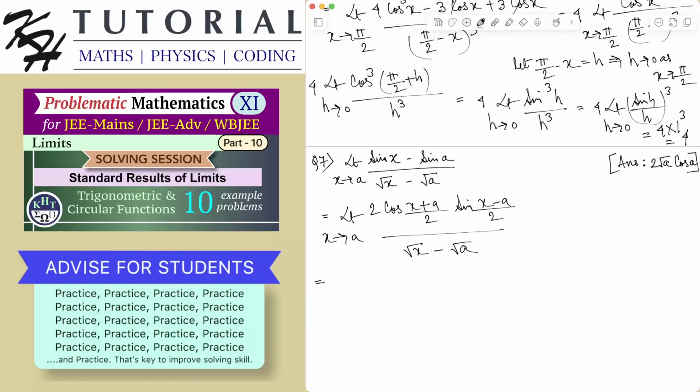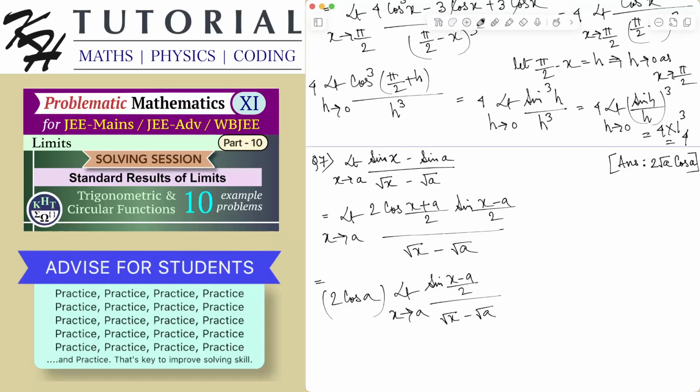So 2 cos a is a constant which we can bring outside the limit. So this becomes 2 cos a, then we have limit x tending to a sin((x minus a) by 2) divided by (root x minus root a).